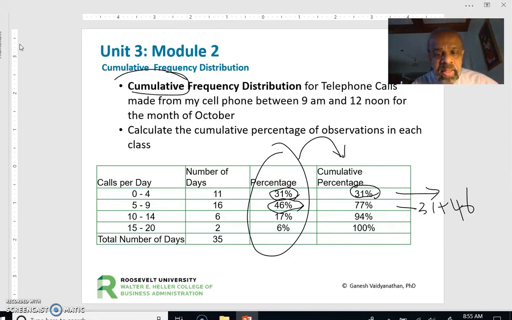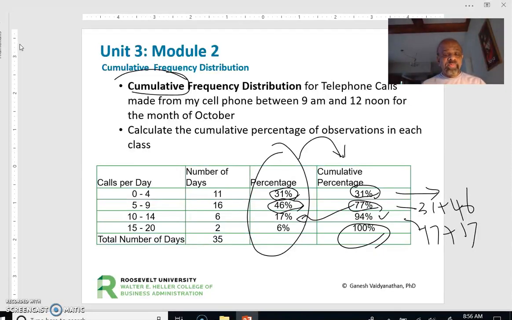The third cumulative, for the bin 10 to 14, is this 77% plus this 17%, that is 94%. The last one is 94 plus 6%, that is 100%. So now I have the cumulative percentage. This is how you calculate the cumulative percentage.